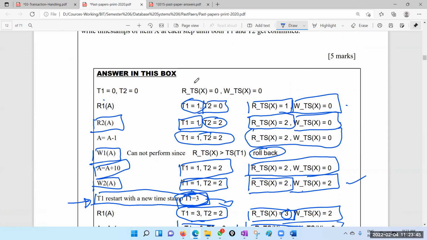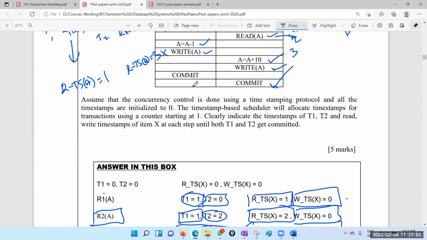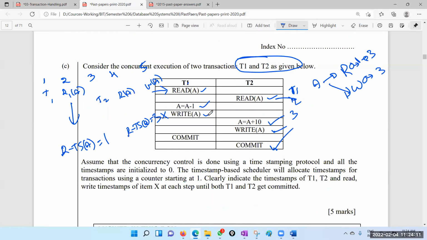Okay. Now if you roll back, you have to restart again. If a transaction is rolled back, the transaction has to restart. That restart is not going to happen immediately. It is going to happen only when the other transaction is committed, because now the database knows why this transaction was rolled back: because of transaction 2, the younger transaction 2 has done an operation.